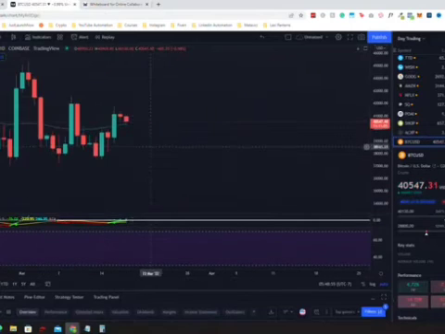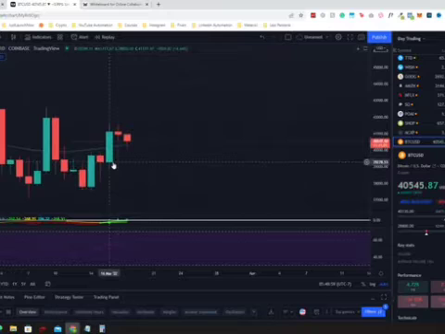And let me see if I could color this. Not sure if I could. Okay, so let me write here green. So this is the green bar. You can see the green bar right over here.